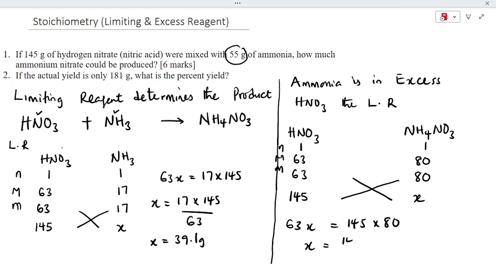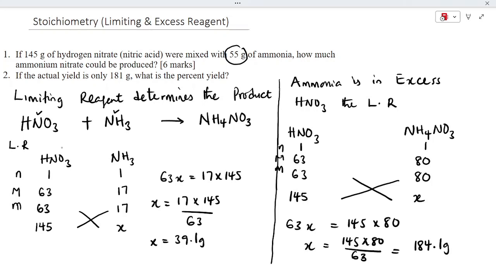So X equals 145 times 80 divided by 63. And when we do this, we have 184.1 grams.